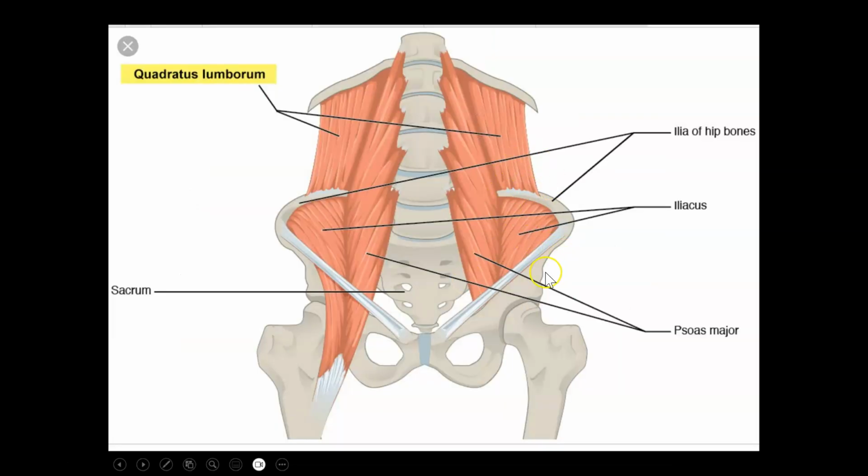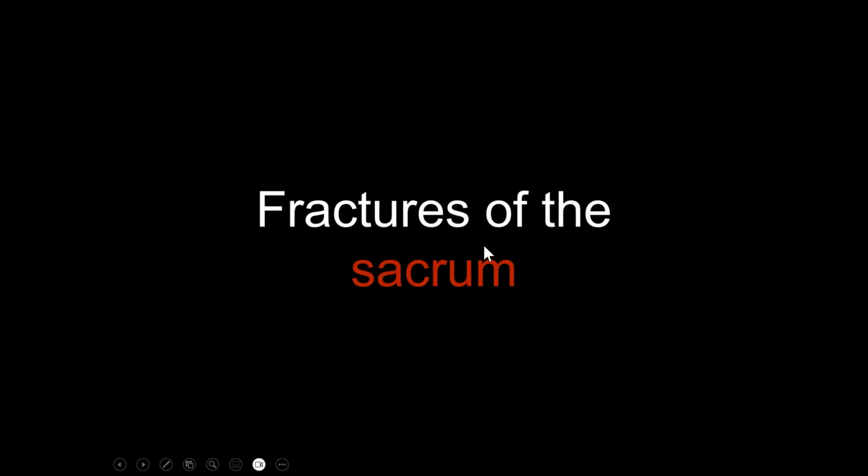And this is an anterior view. You see that this is the iliacus, and this is the psoas, and the psoas is passing in front of the sacroiliac joint. And this is about the anatomy.